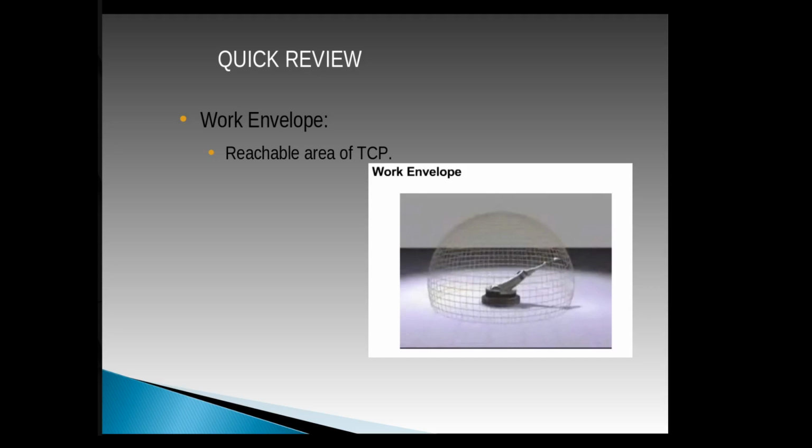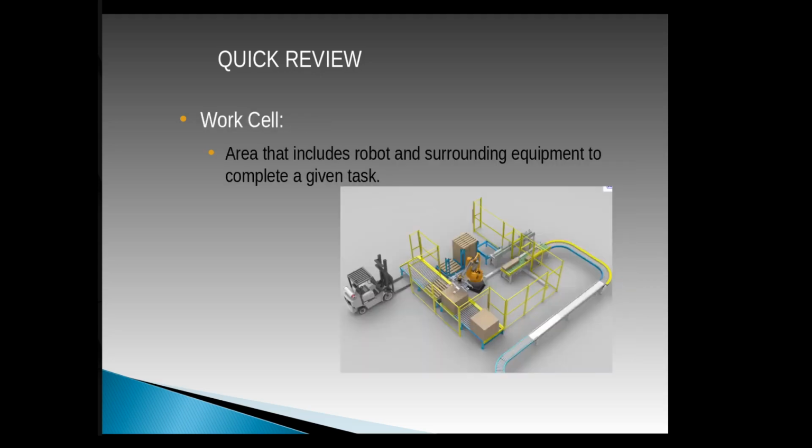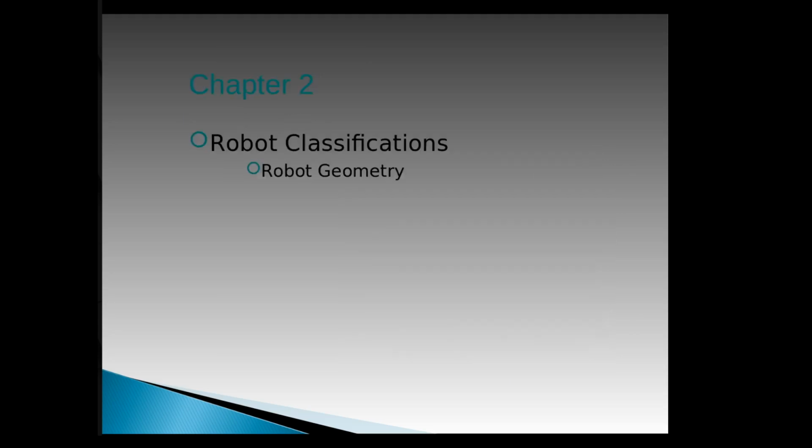The work envelope is the area that the arm of the robot can reach, so it's basically the area that could be mapped out by the tool center point of the robot. The work cell includes the robot and the surrounding equipment to complete some given task.